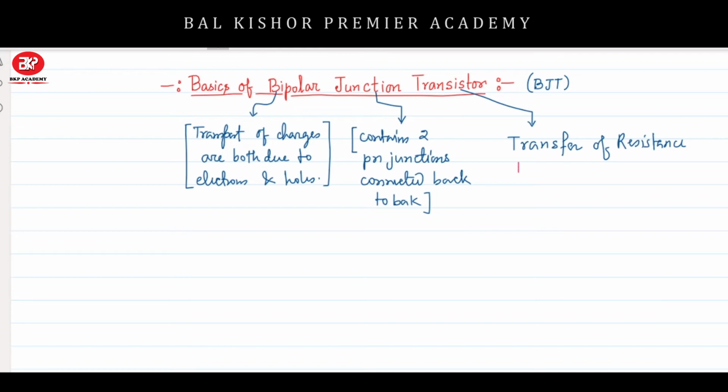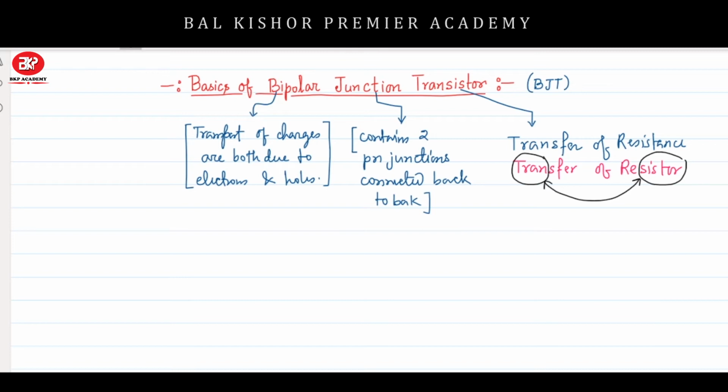So we can also call it transfer of resistor. If we take the word tran from here and resistor from here, it becomes transistor. What does this mean, the transfer of resistor?